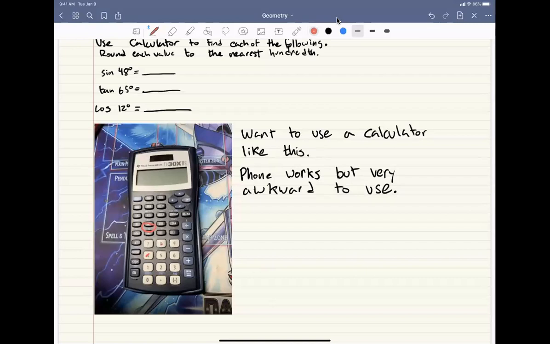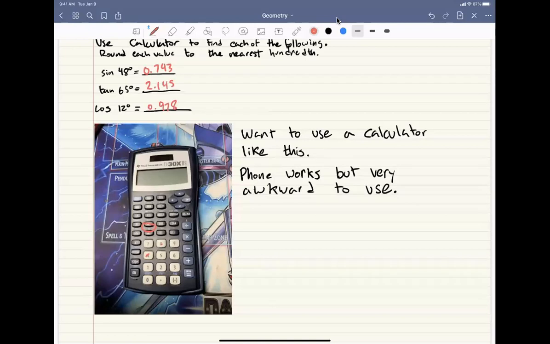If you do it properly, you're gonna get 0.743. And then same thing, if you press tangent of 65, you're gonna get 2.145. And if you do cosine of 12, you're going to get 0.978.